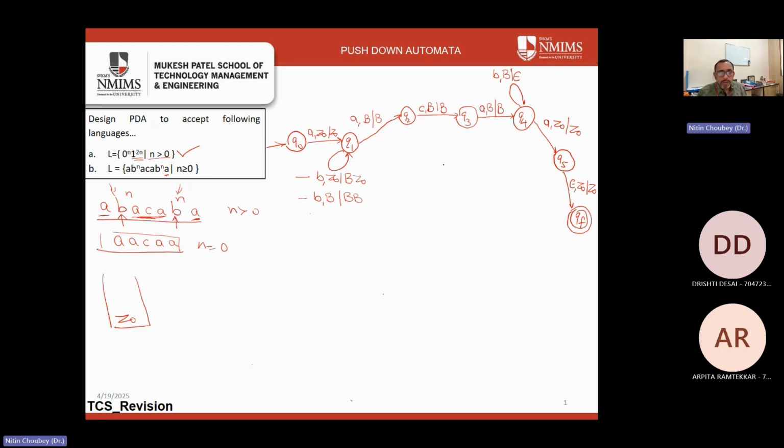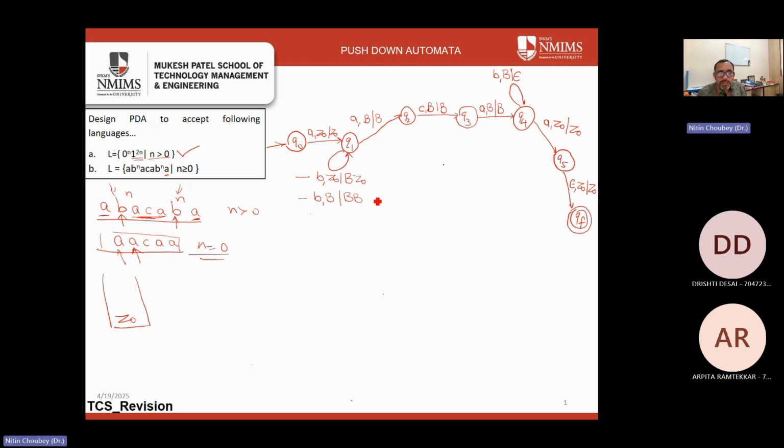Now what if n equals 0? If n equals 0, after this first A, we will not have B. Rather, we'll directly have this A. What does it mean?